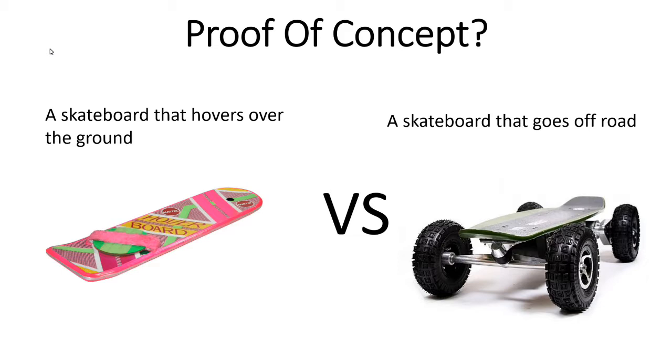And without even having to build a prototype, we can pretty much, from common sense, come to the realization that this is possible. Simply making some larger trucks and putting some larger wheels on a skateboard, it should do what you intend it to do. So you could get away with a virtual prototype on the skateboard that goes off-road. You could not get away with a virtual prototype for the hoverboard.